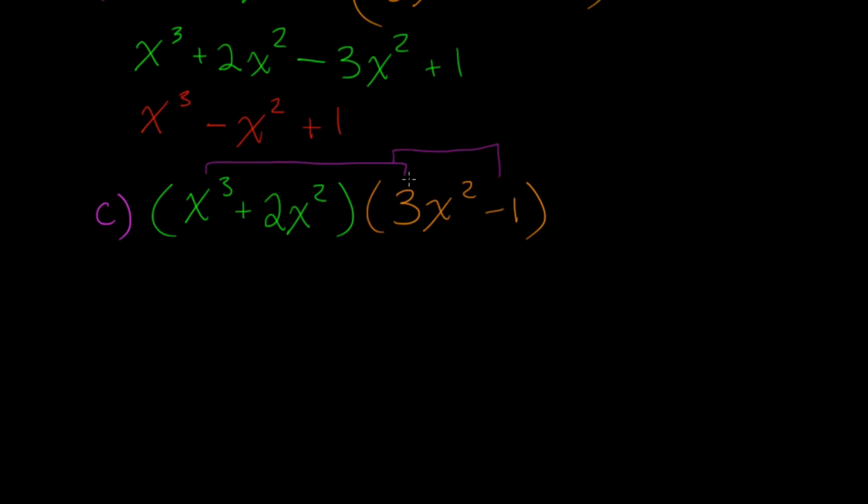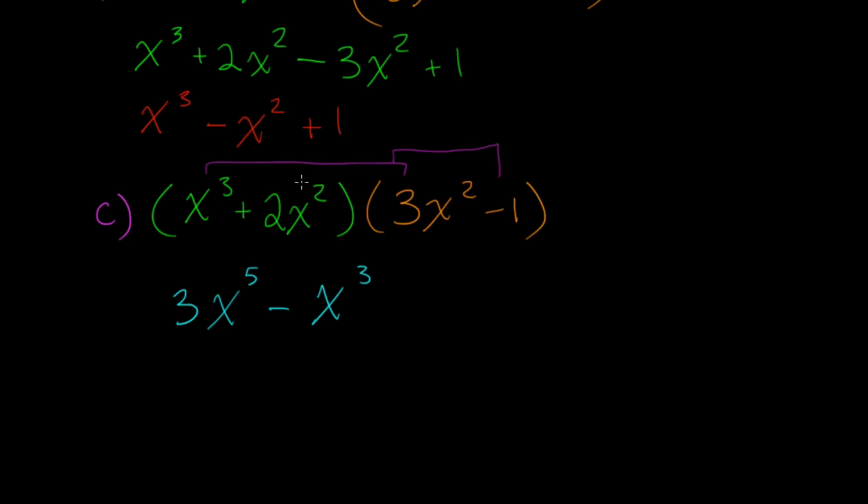So x cubed times 3x squared: you multiply together their coefficients, so 3 times 1 is 3, and then you add the exponents. Sometimes people forget that. So 3x, and then 3 plus 2 is 5, so 3x to the 5th. And now x cubed and negative 1 would be negative x cubed. That was easy.